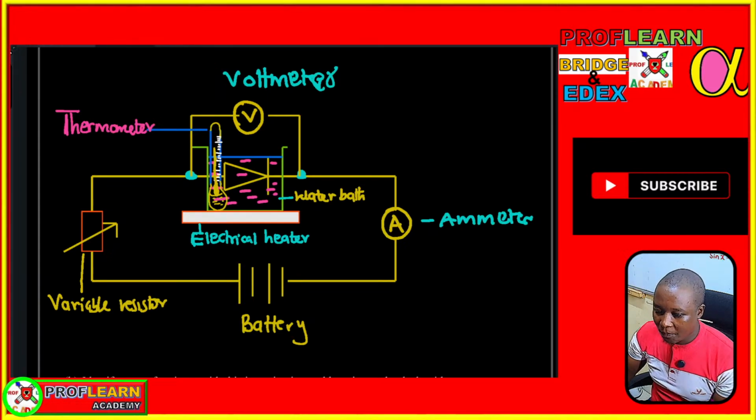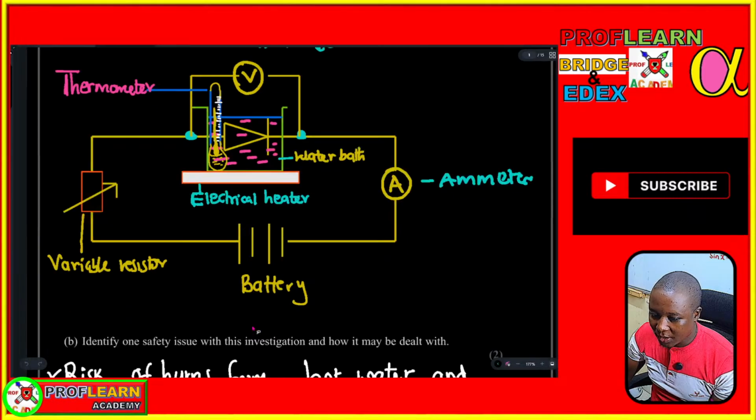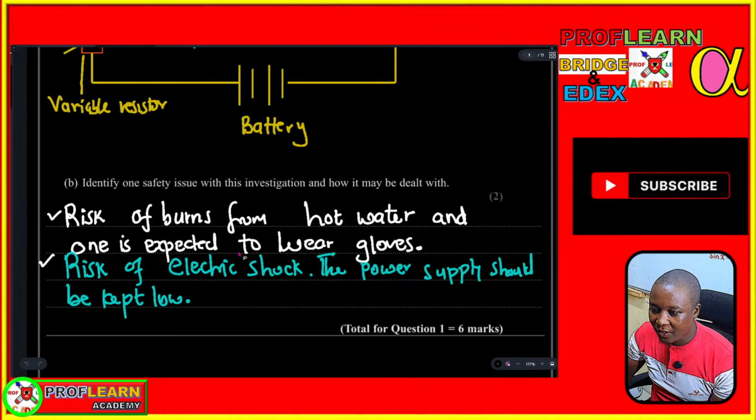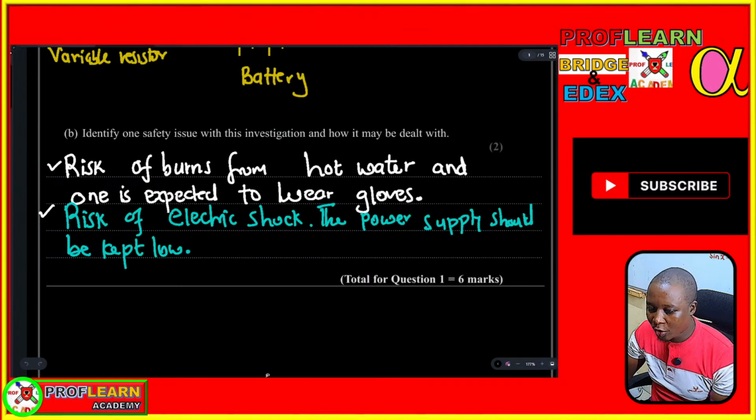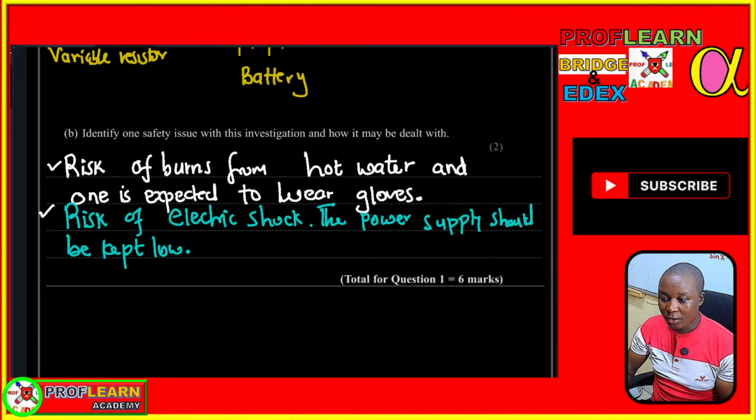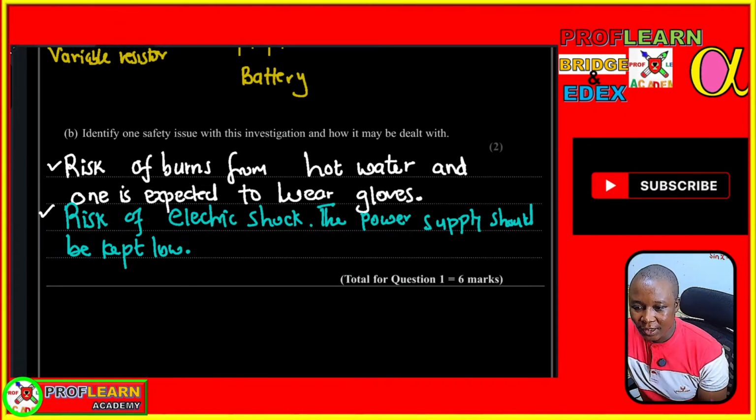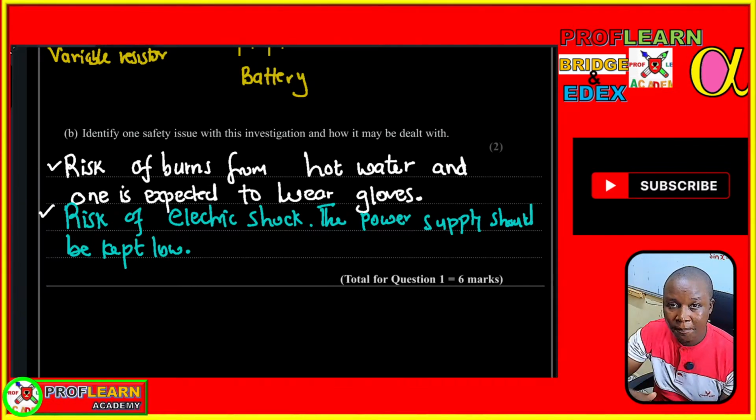Right. So moving down, you may be asked to identify the safety features. You are going to be asked questions to do with safety and the precautions that you are going to take. For instance, if you have a scenario whereby you have to do some connection of electrical components, the hazard there is a risk of getting an electric shock, right?